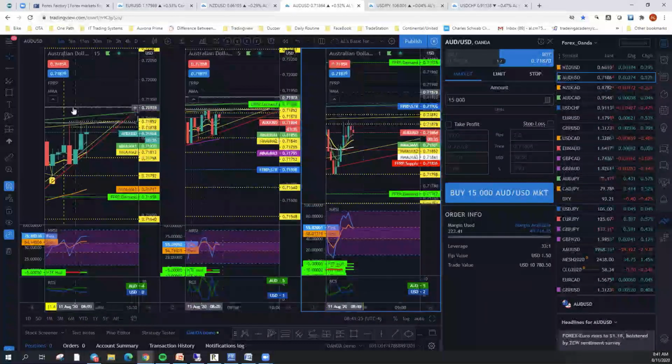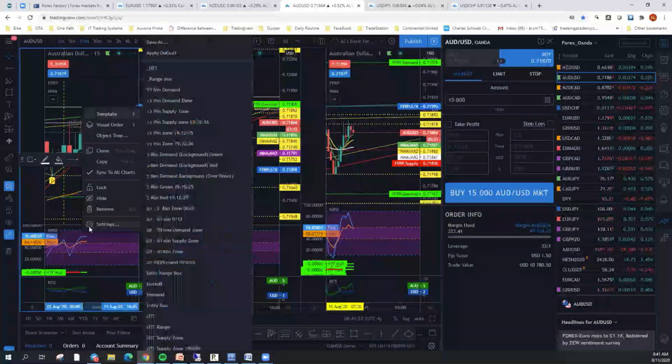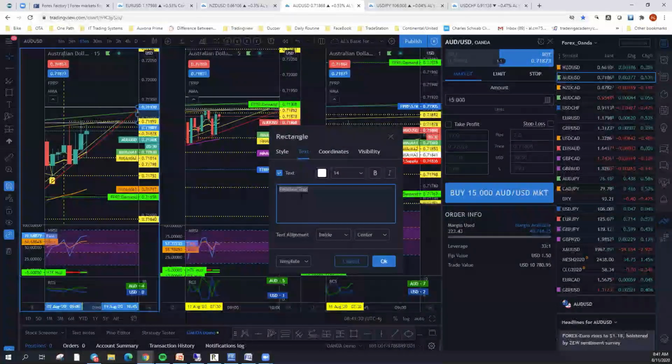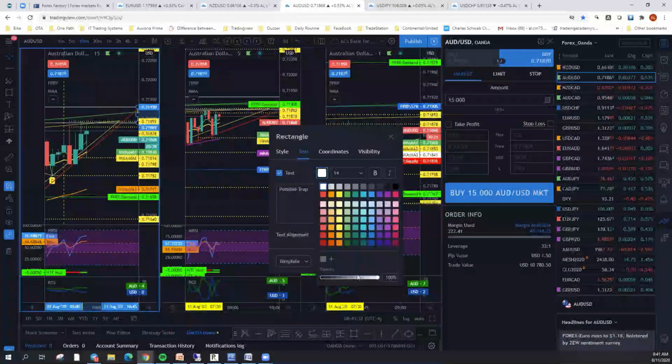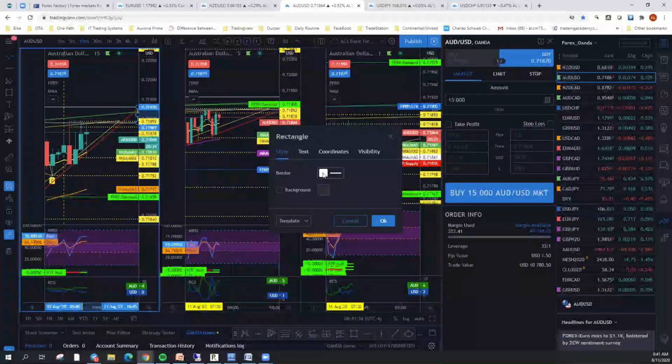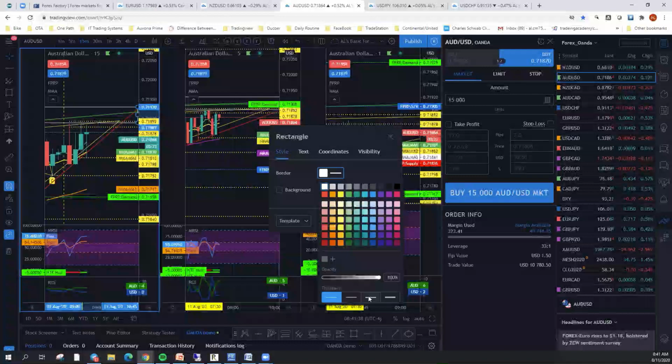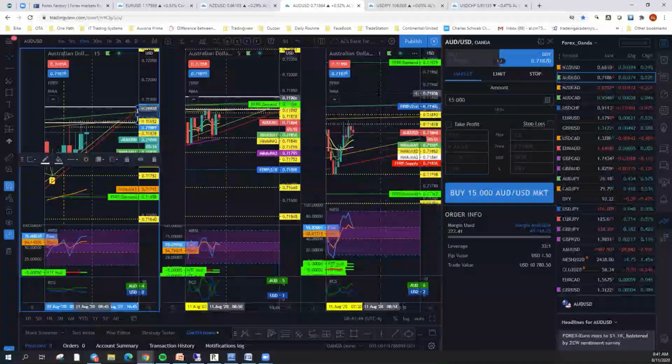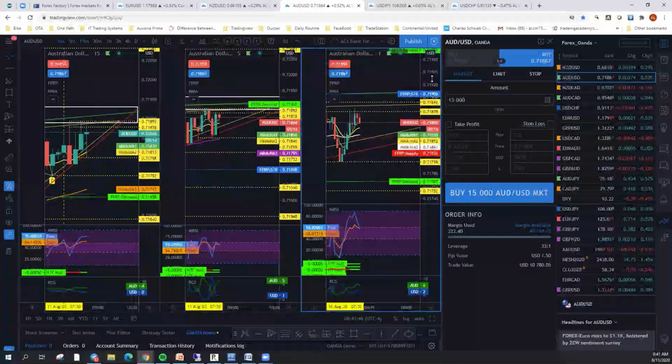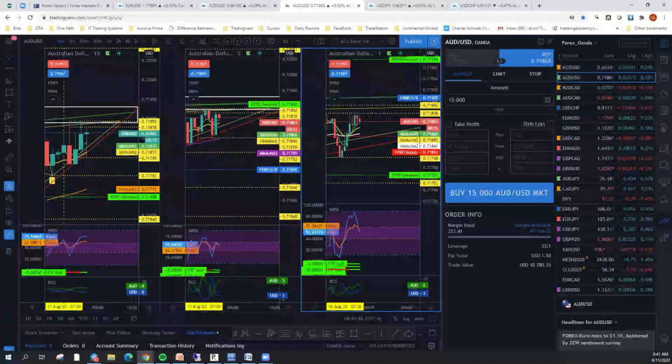But keep in mind this trap is right here where this white box is. Again, all the moving averages are in the right direction.